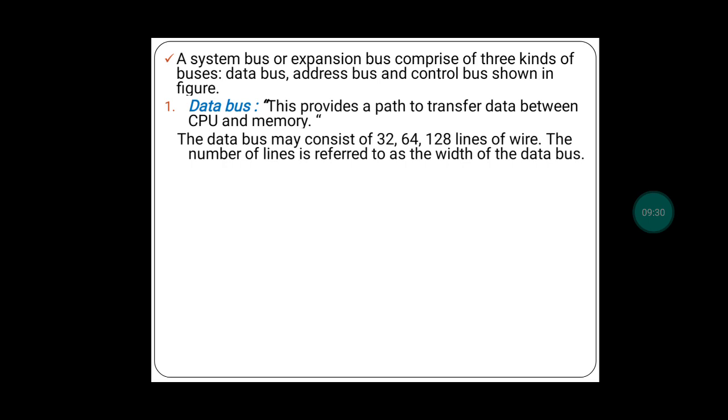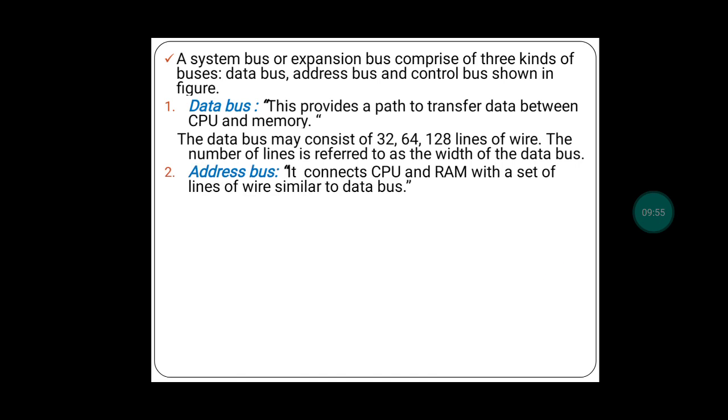Suppose it has 64 parallel wires, it is carrying 64 bits. Similarly, if a bus has 128 parallel lines, it is carrying 128 bits of data at a particular time. So by the number of wires, we can find out the width of that data bus.